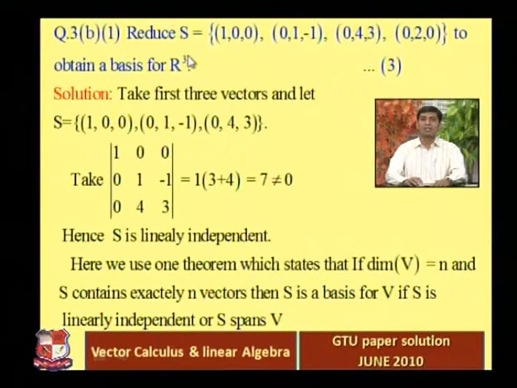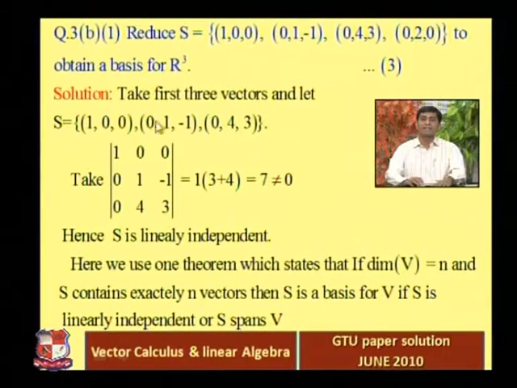We know that the dimension of R3 is equal to 3, and we have here 4 vectors of R3, right? To become a basis we only need 3 vectors, so we have to remove at least one vector. So just randomly remove the last vector.